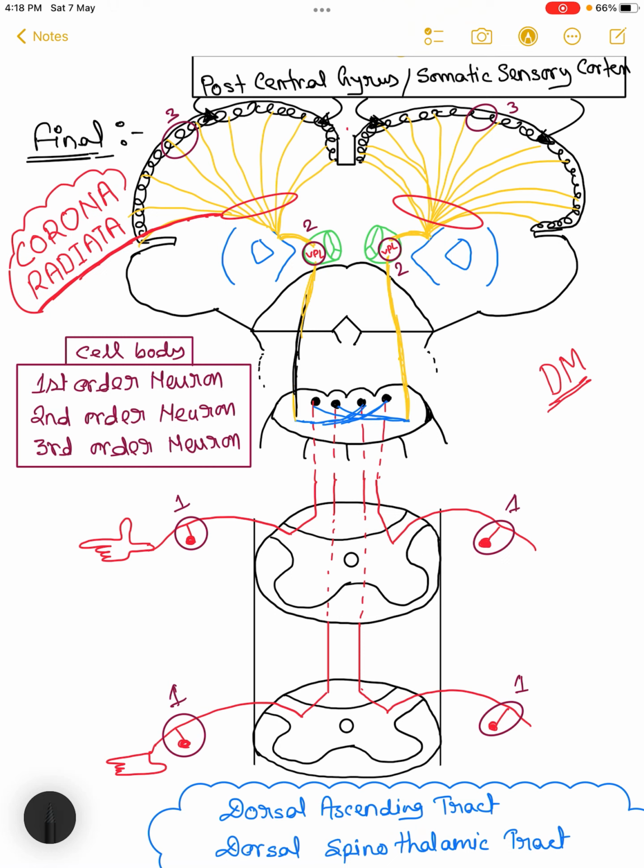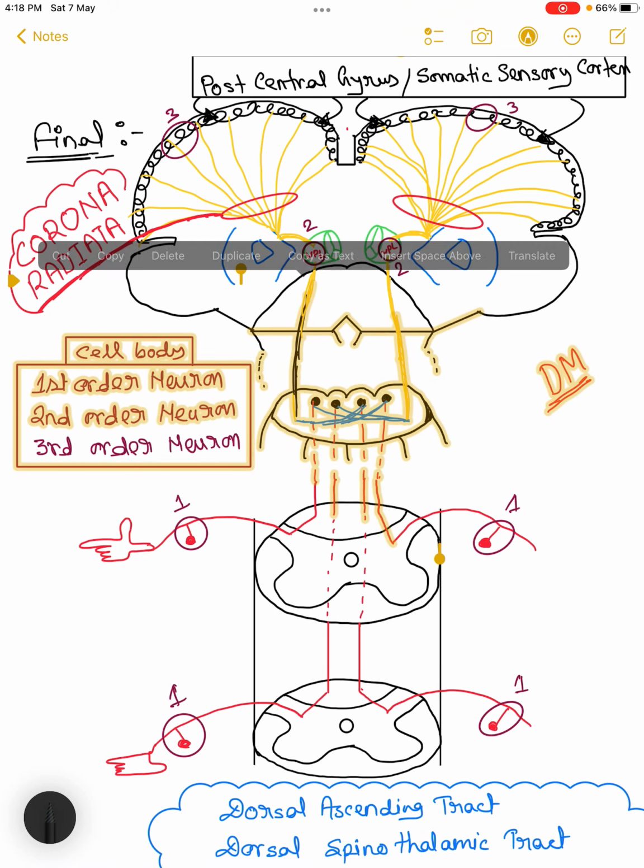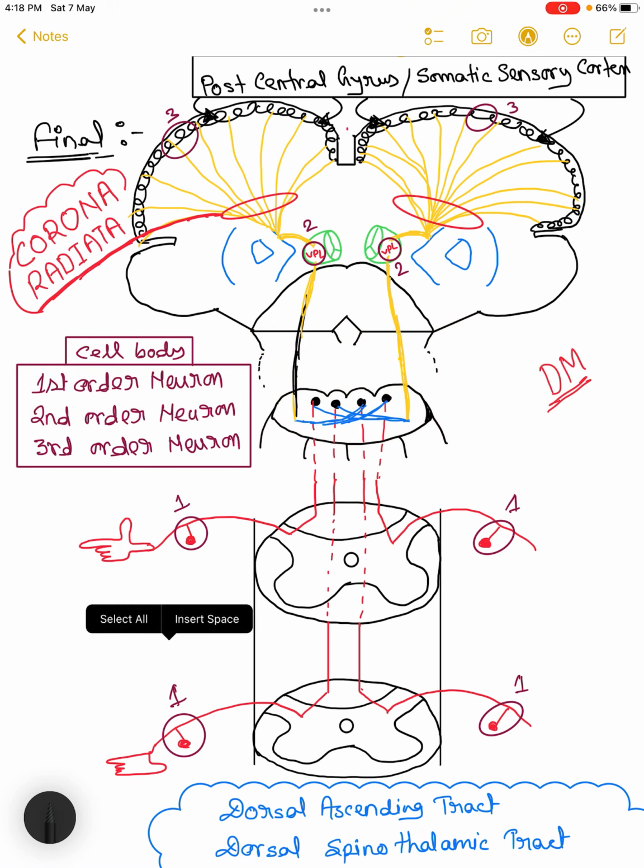Okay, again, after their corresponding nucleus in the medulla, you will find that they will generate new fibers, and this fiber will go up to where? Up to our thalamus. So this fiber is known as what? Second order neuron. Now you are getting? Yeah, I hope so. Now in the thalamus, we know that here is a VPL, ventro-posterolateral nucleus.